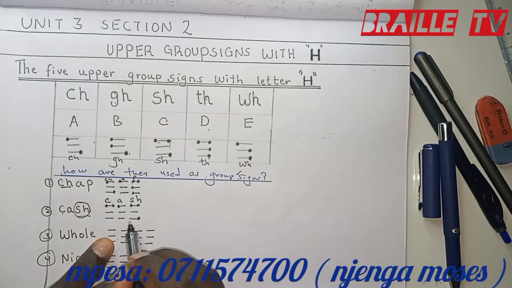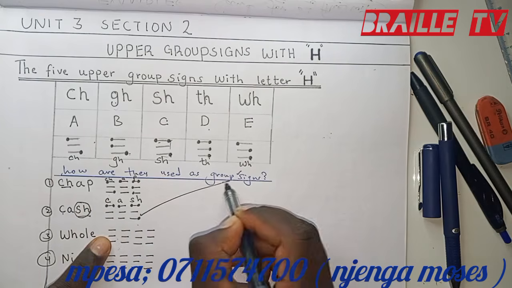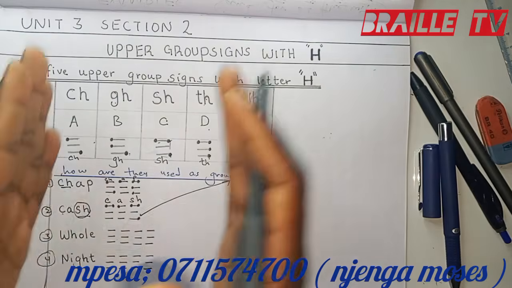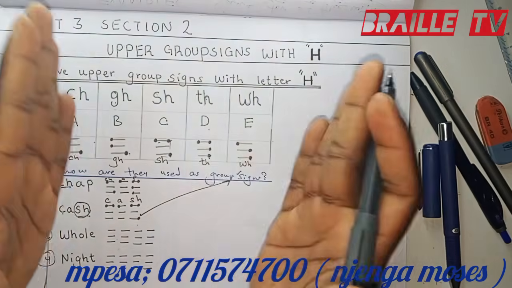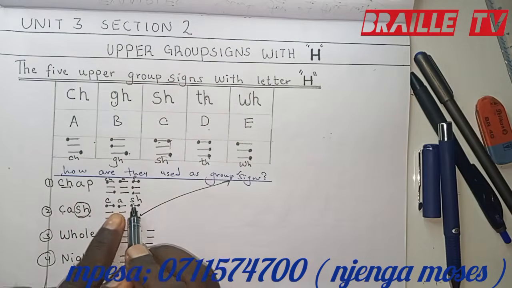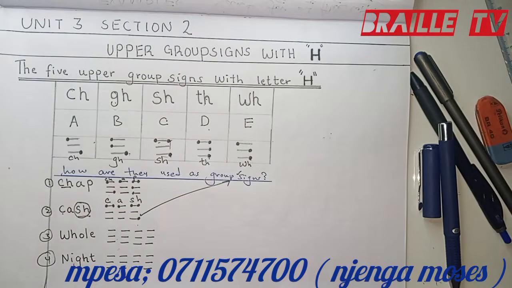SH has been used as a group sign, and we said group signs are where you bring 2 or more signs together to form part of a longer word or to form a word.